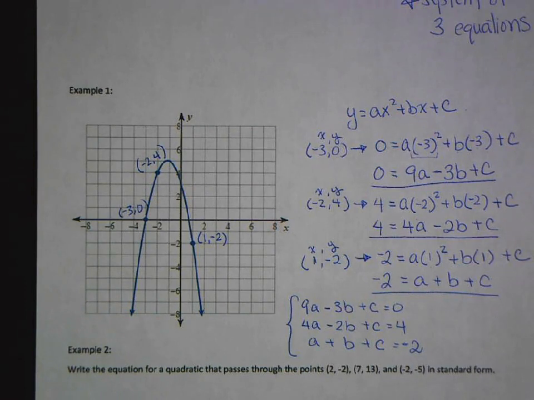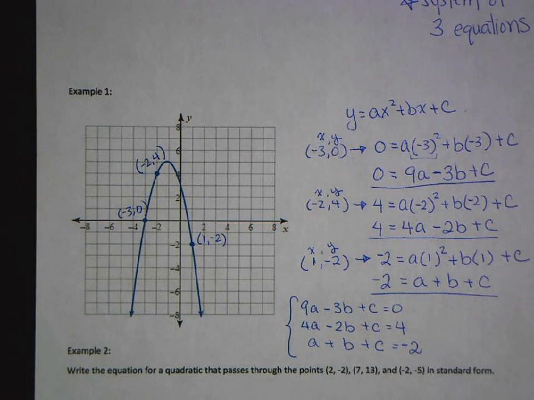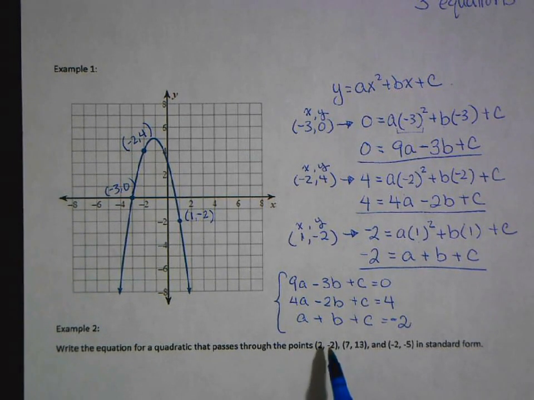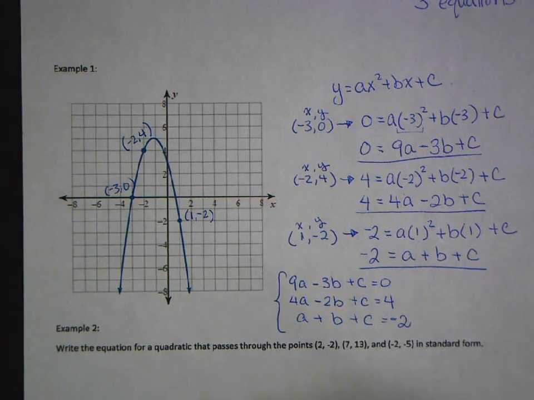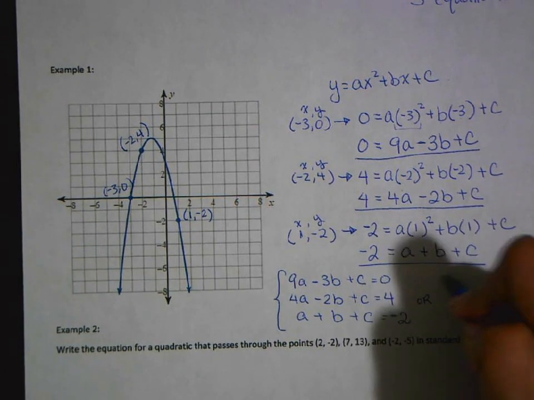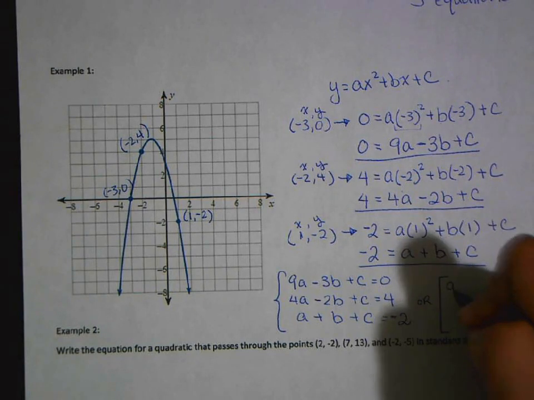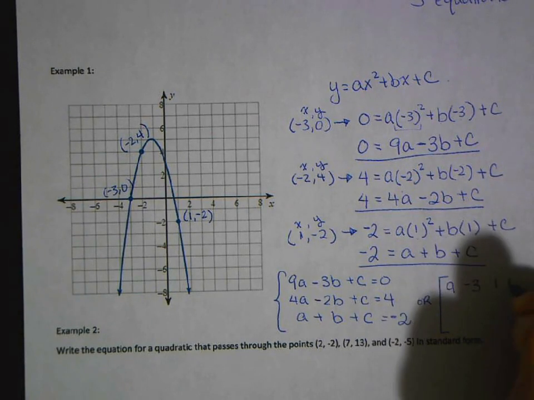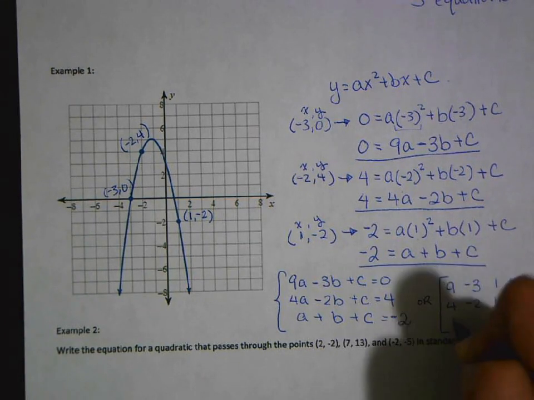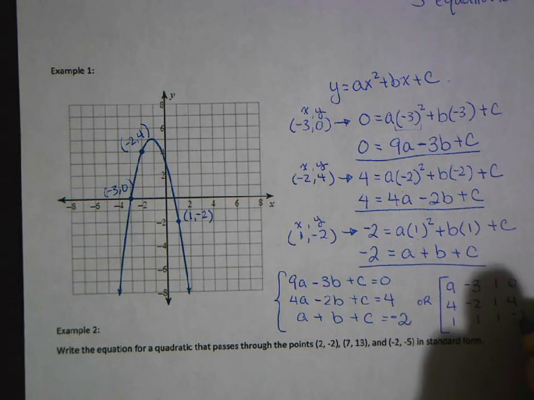And when I take this, you can either solve the system of 3 equations by hand, or I am going to take a calculator. There are 2 ways to solve it on your calculator. You can use the algebra, linear systems of equations, make it into a system of 3 equations and plug it in like that. Or you can go into reduced row echelon form and use a matrix. So this would have been 9, -3, 1, 0, 4, -2, 1, 4, 1, 1, 1, -2.